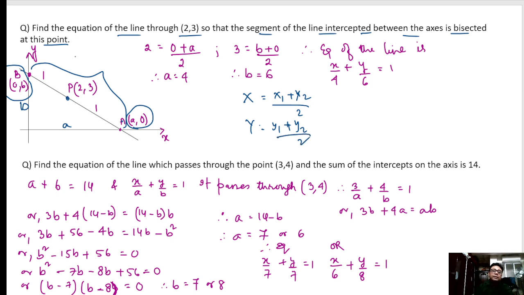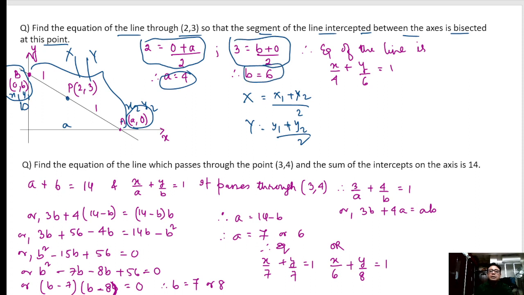This is our x and this is our y, this is our x1, y1 and this is our x2, y2. Using x = (x1 + x2) by 2, we get a. Using y = (y1 + y2) by 2, we get b. Now put a and b in the intercept equation and we get the answer.